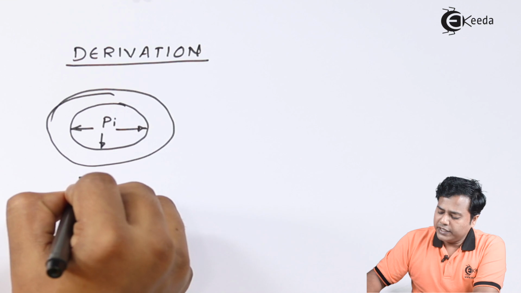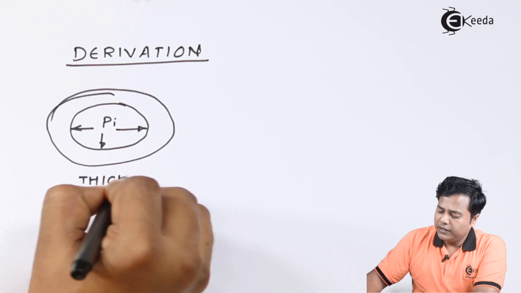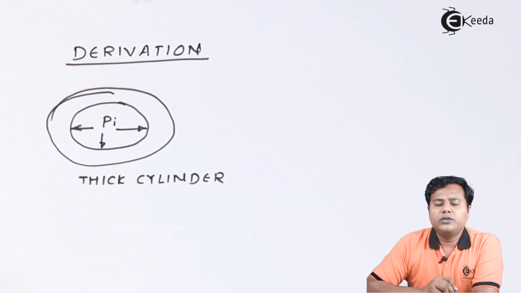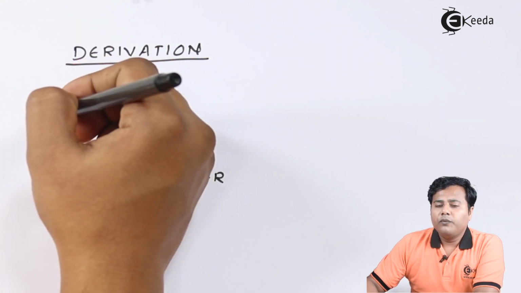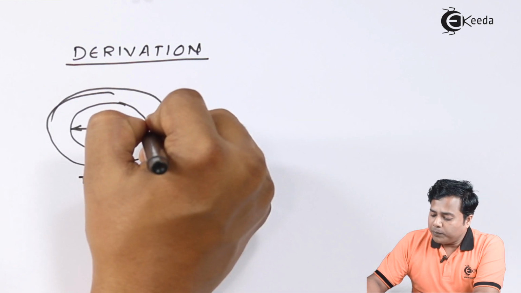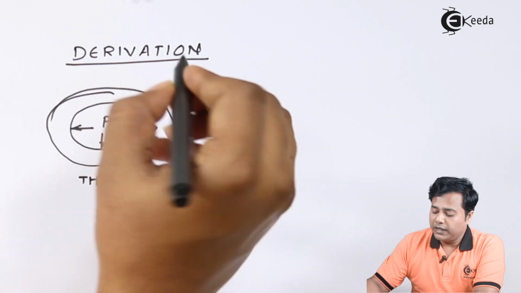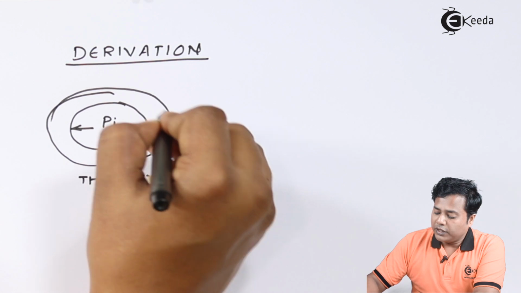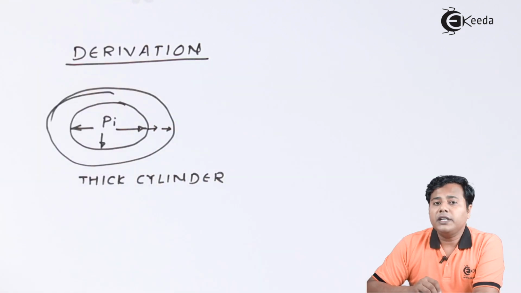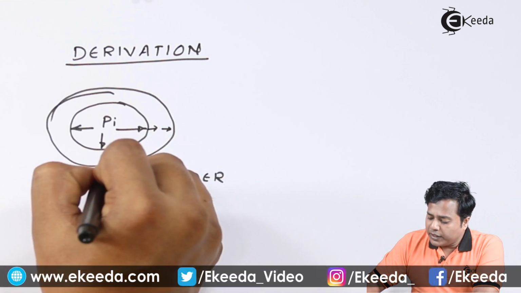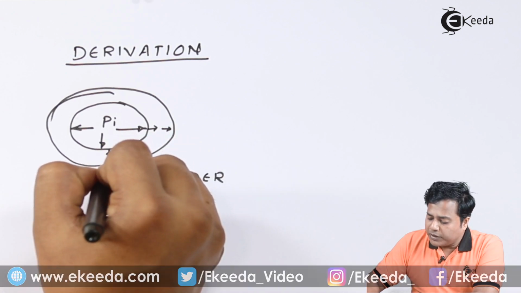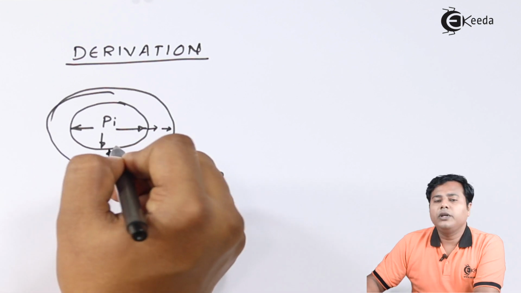Now of course this is a thick cylinder. So once this internal pressure is applied, everywhere the stress distribution goes on happening. We know that the stress distributed up to this limit is different than the stress distributed up to this limit, because it's a thick cylinder. In case of thin cylinder, we used to consider that the stress that is distributed right from its inner diameter to the outer diameter is uniform.